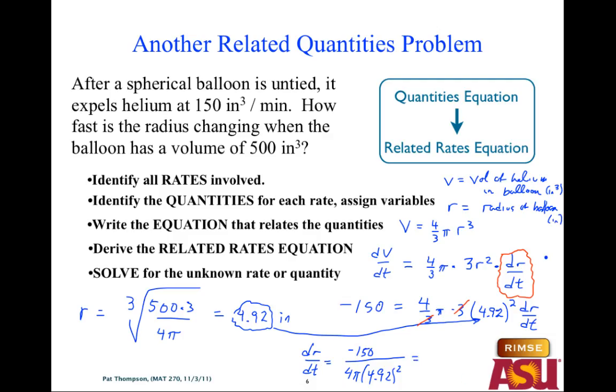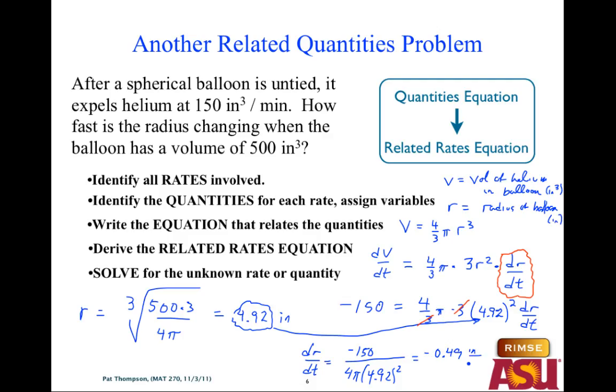And we're going to get a negative value. Does it make sense? And why does it make sense? Right, the radius is decreasing also, so the rate of change of the radius is negative. Did you get it? Yes, it's negative 0.49 inches per minute. Did somebody else get that?